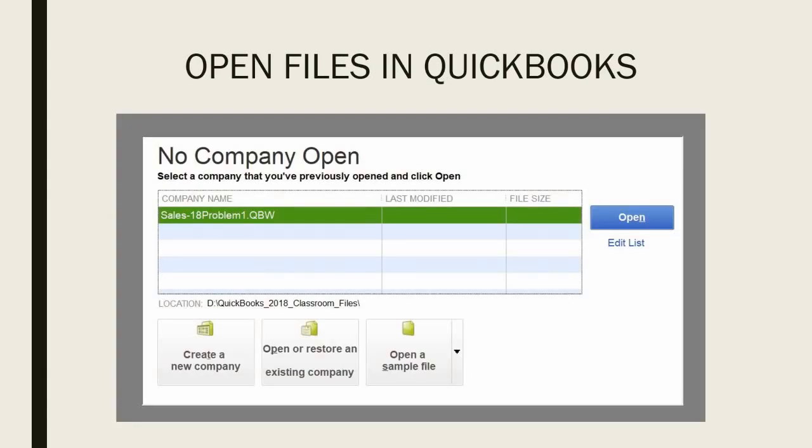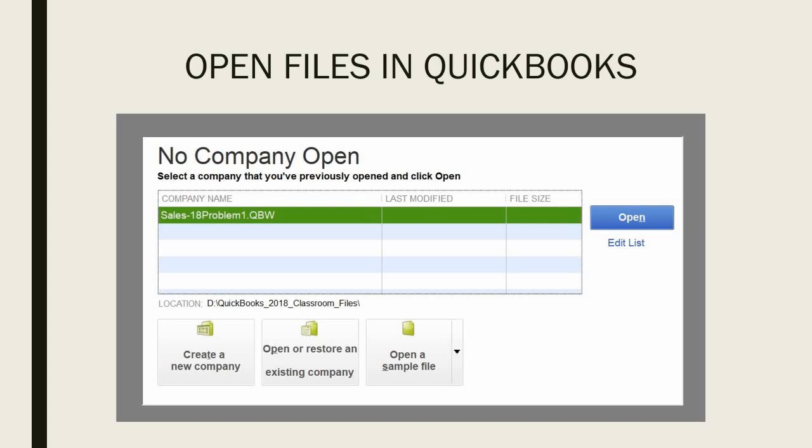Okay. So let's talk about how we actually open a file. Well, tomorrow in chapter 12, I go over practicing how to open up a file on QuickBooks. But usually when you open up QuickBooks for the first time, you're going to get a gray screen and it's going to ask you this option, okay? How are you going to open up a company file?